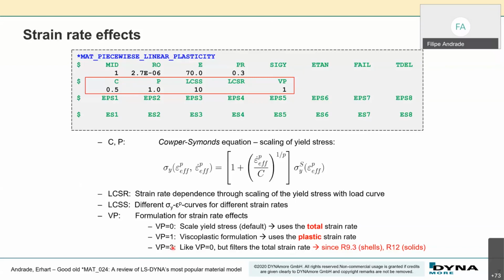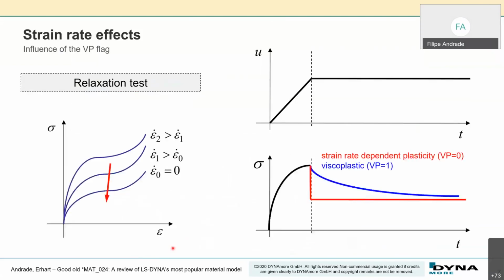So what is the effect in the end for the user if you use VP0, VP1, or VP3? Well, one thing that we can see is the effect of relaxation. Relaxation can only be calculated if you have viscoplasticity, also because it's closer to the physical phenomenon behind the strain rate dependence. Here we have a very academic example where we load an element and apply a certain displacement over time, with a strain rate dependent material.